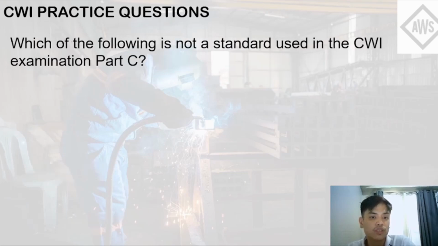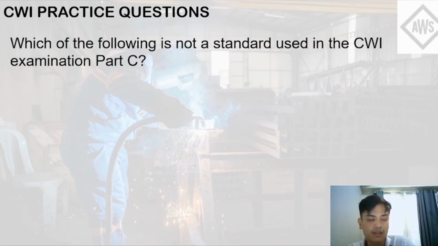Next question. Which of the following is not a standard used in the CWI examination Part C? Part C of the CWI exam is basically an open book where the examiner must choose from a set of standards.